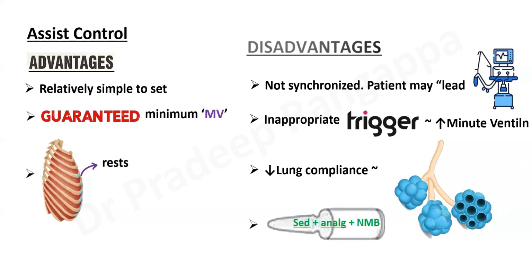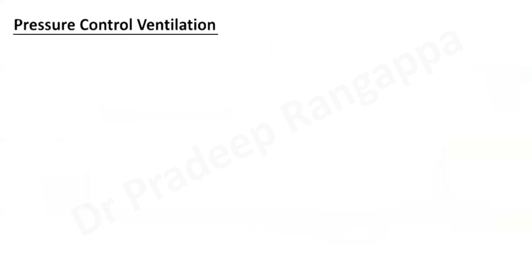One also needs increased sedation, analgesia, and neuromuscular blockers, and patients should not be breathing very fast or tachypneic or overriding the breath, which can lead to dyssynchrony. They need more sedation, analgesia, or neuromuscular blockade because you are not making the muscles work when they are in control mode. So these are some of the disadvantages. That's about your volume control.